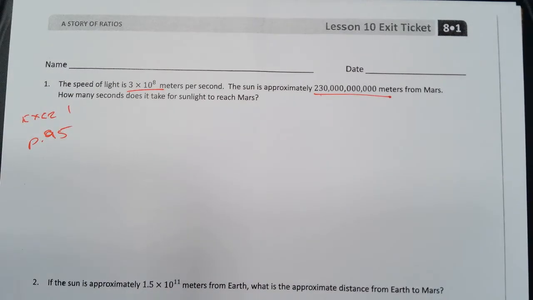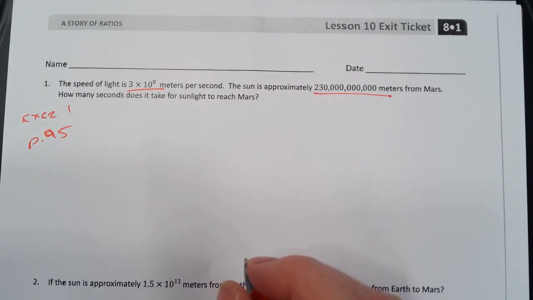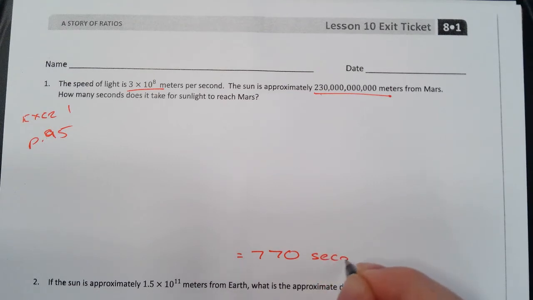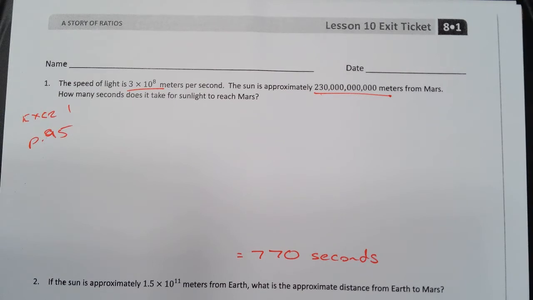If you do it correctly, you should come up with the answer that it takes 770 seconds for sunlight to get to Mars. 770 seconds. So try it yourself, check your work, and look at exercise 1 on page 95 to help you.